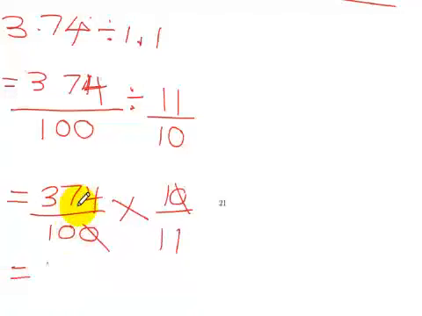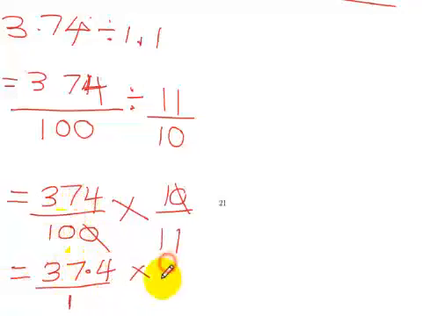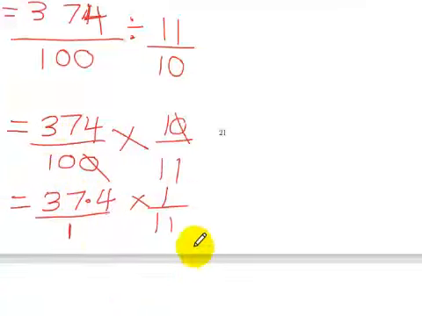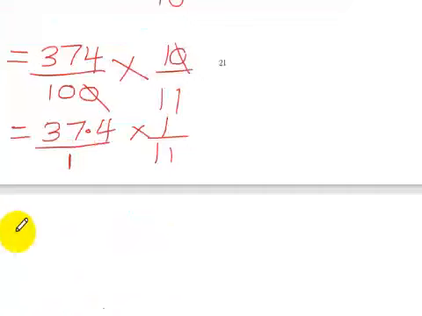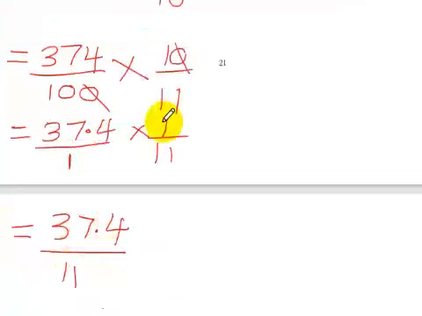So here only one decimal point, 37.4. And 1 over 11. That means 37.4 divided by 11. Using the long division method, you can divide.